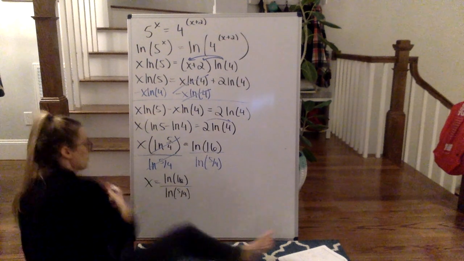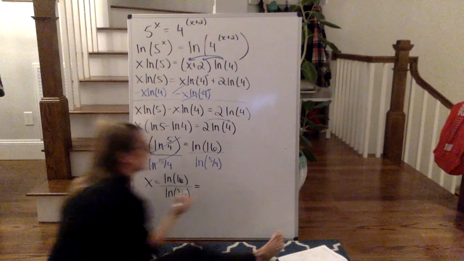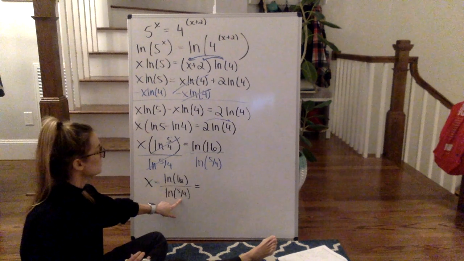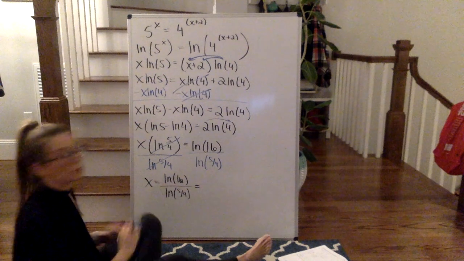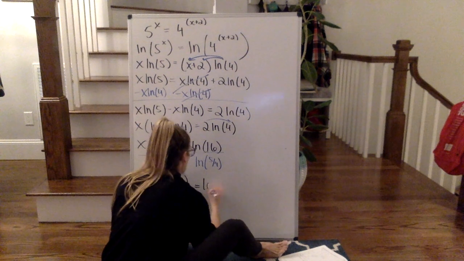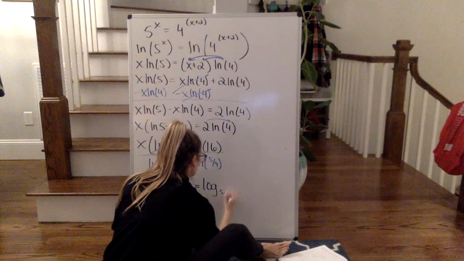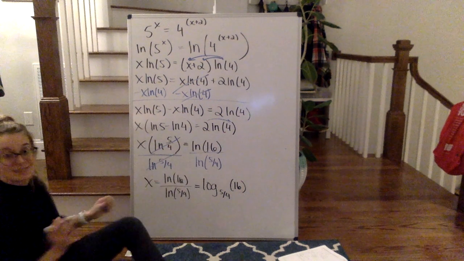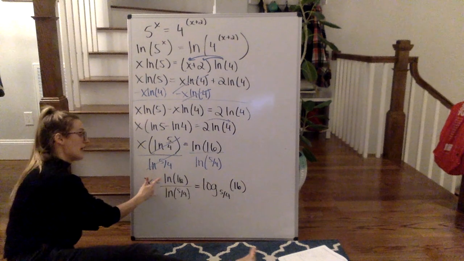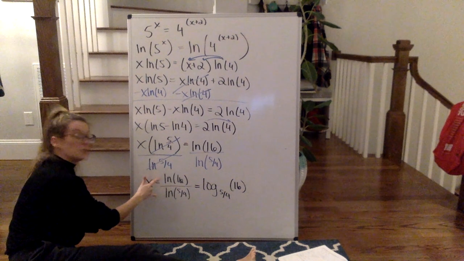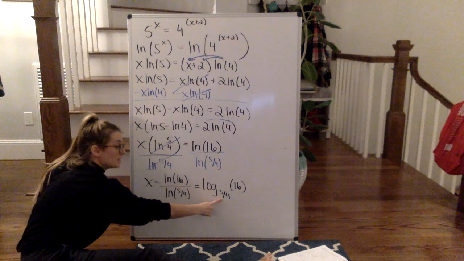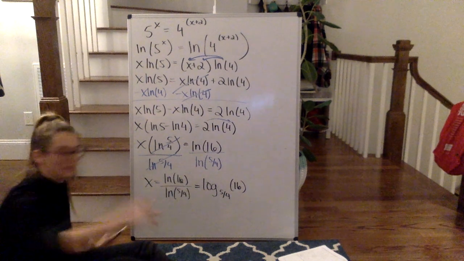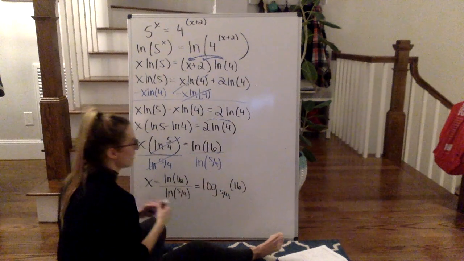The change of base property says this can become a single log, where the base is the quantity in the denominator and the inside of the log is from the numerator. So this will become the log base 5/4 of 16. And again, these were natural logs, but once I use change of base and the base becomes something other than e, my notation needs to change to log. So log 5/4 of 16.